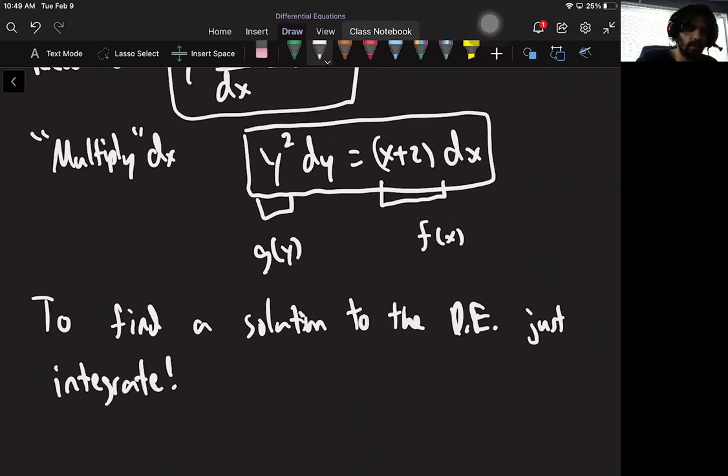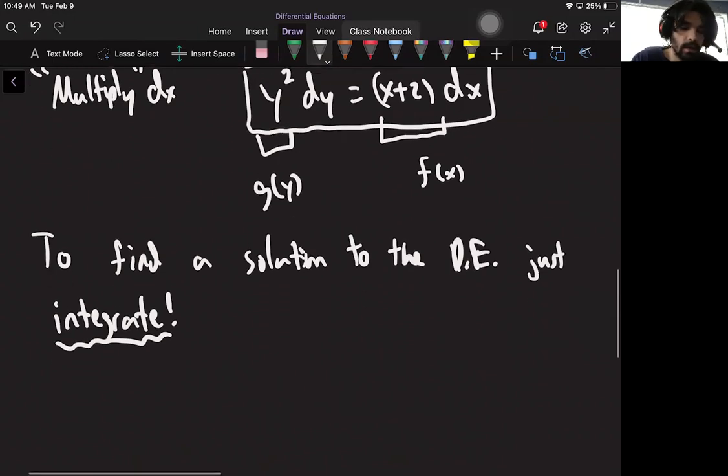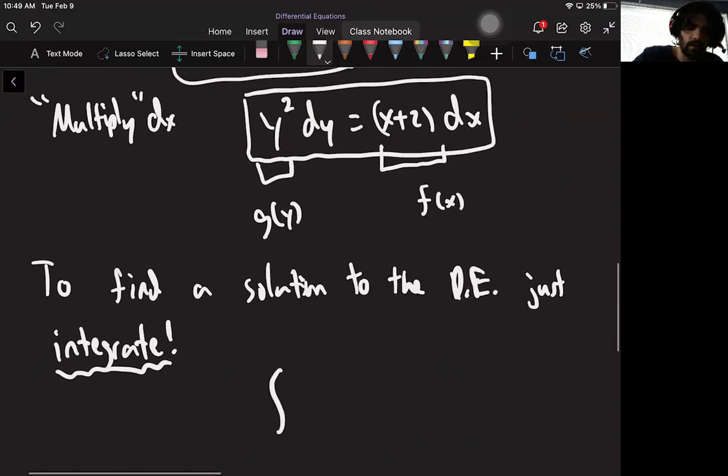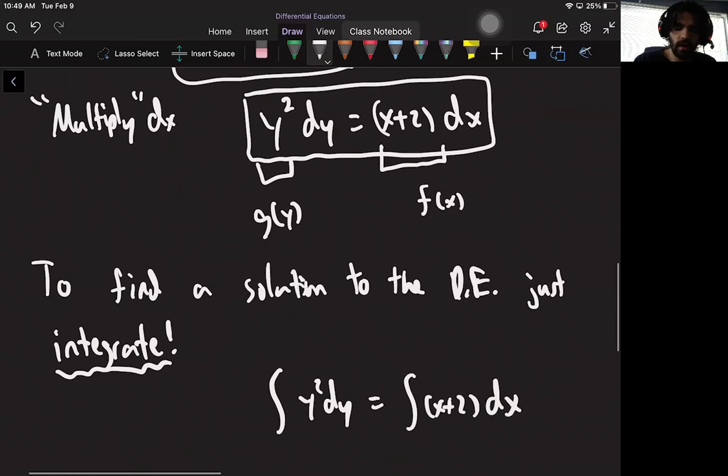In this class, not only do we have to remember derivatives, we also have to remember integrals. So we are going to integrate both sides, and we have to remember our integration techniques.